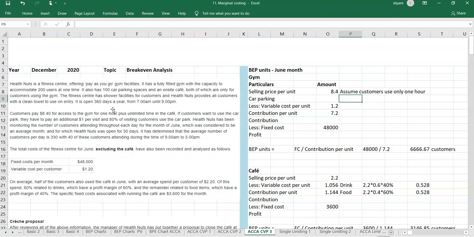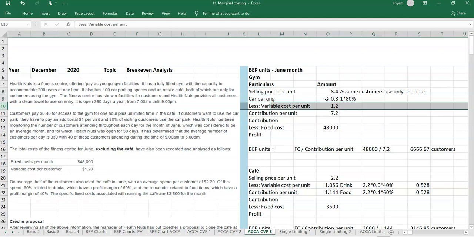So car parking is how much they pay. They pay $1, and 80% of the customers who are coming will pay that. So put together it comes to 0.8.